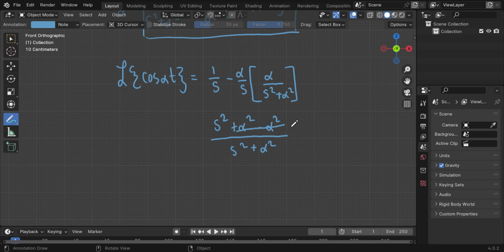And the alphas cancel out, and all you're left with is s in the numerator.